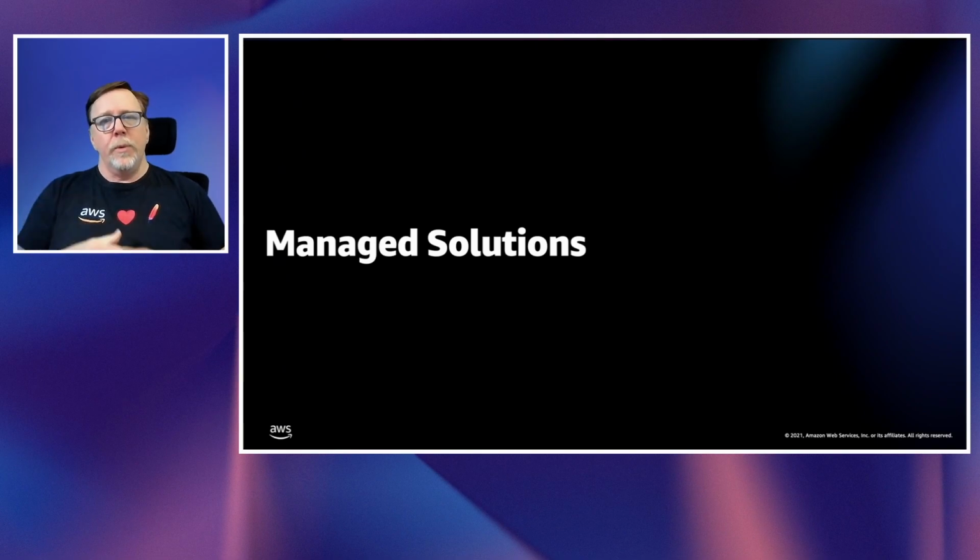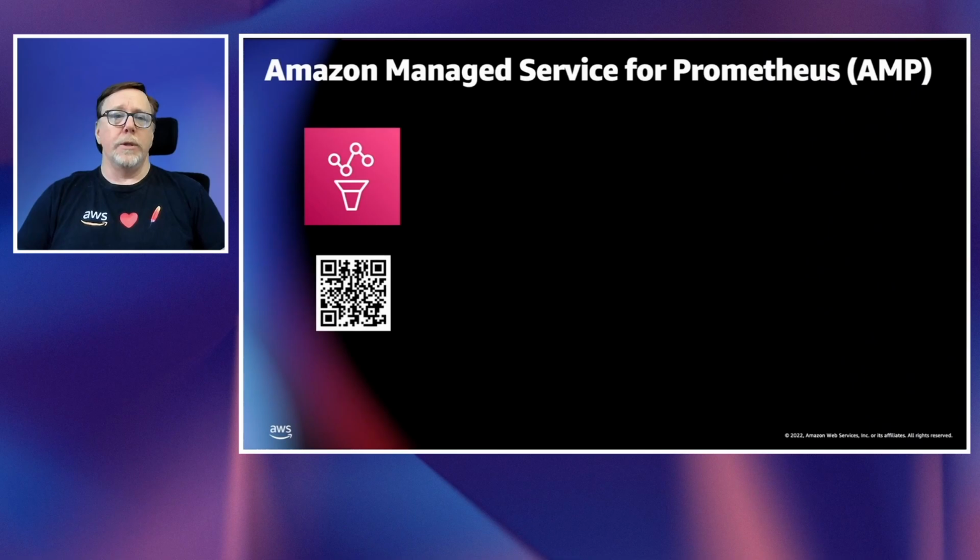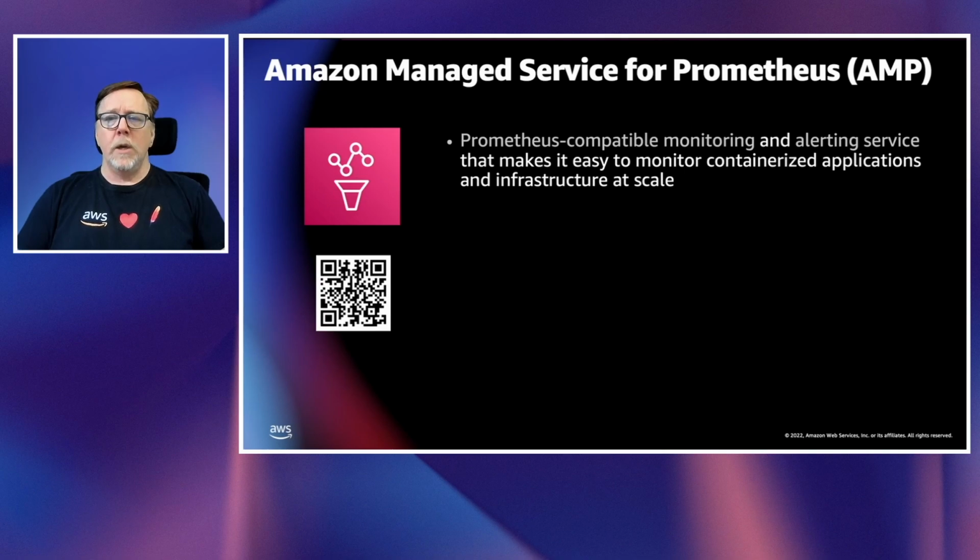So we've gone through a number of the different open source alternatives. Many of those have a managed solution within AWS that will make it easier to deploy and run and operate those observability components. First of those we'll talk about is Amazon Managed Service for Prometheus. It's Prometheus compatible. It's a monitoring and alerting service.